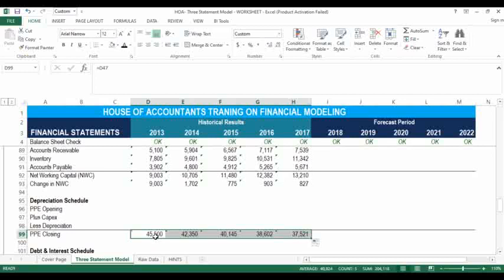So for us to arrive at this closing figure on the face of financial statement, there are some things that must have happened. The first thing is depreciation must have been deducted from a particular figure. An addition in the year must have also been added to that figure, plus the opening balance to arrive at this figure.